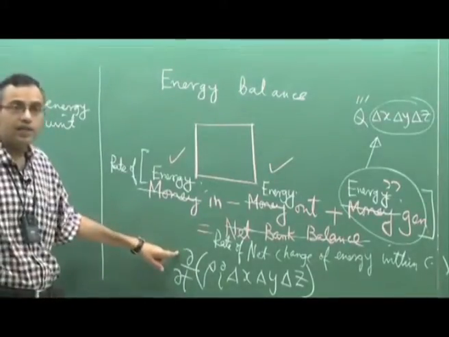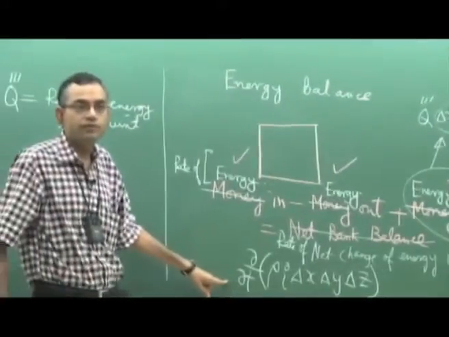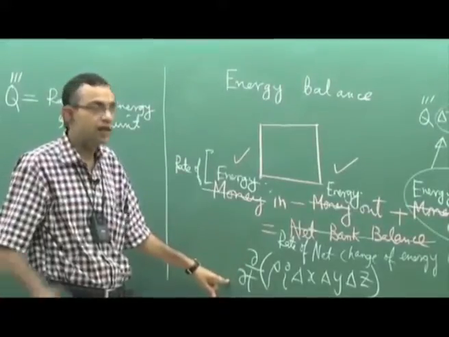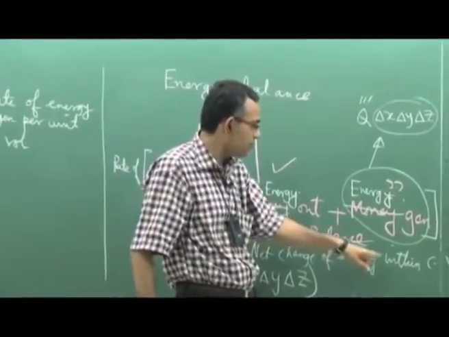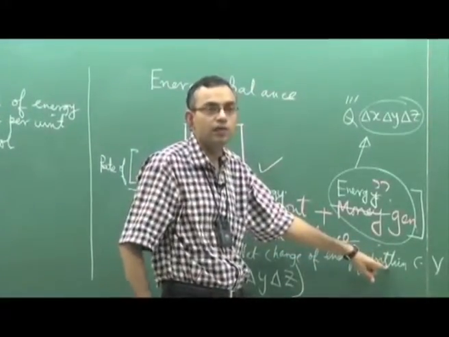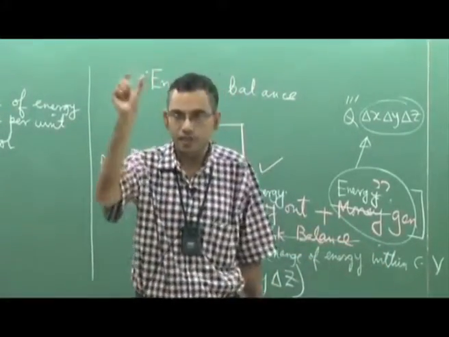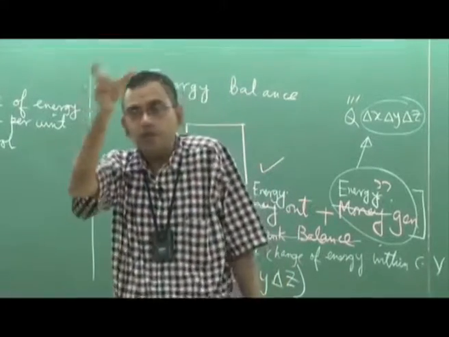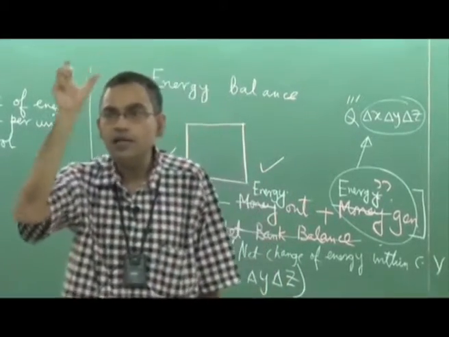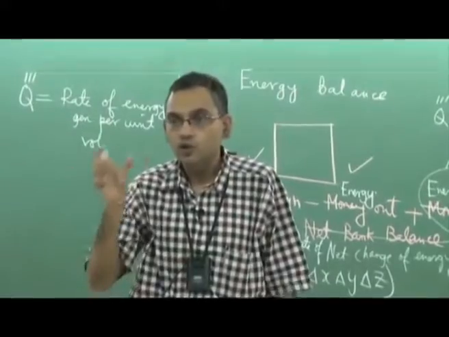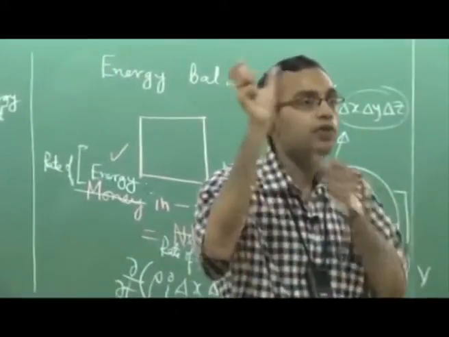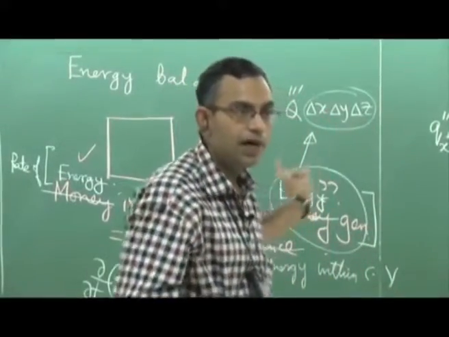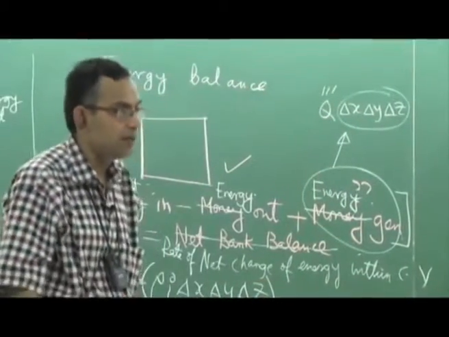Very important, this is not ordinary derivative, this is partial derivative. The reason is pretty clear, that when you are considering the net rate of change of energy within the control volume, you are fixing up the position, and at a given position you are finding out how the internal energy is changing with time. So, it is a rate of change with respect to time keeping the position fixed, that is why partial derivative and not ordinary derivative.